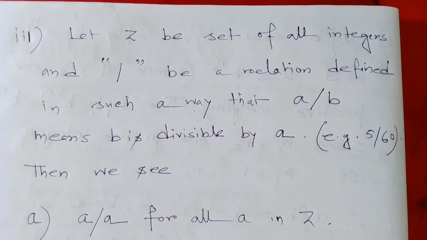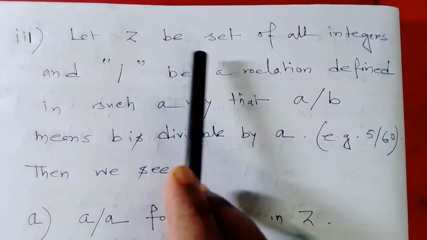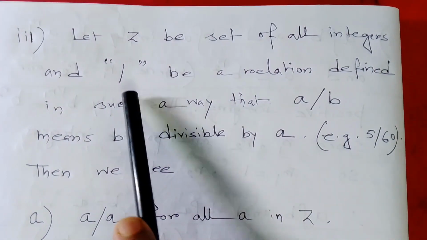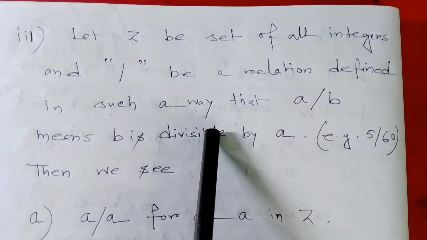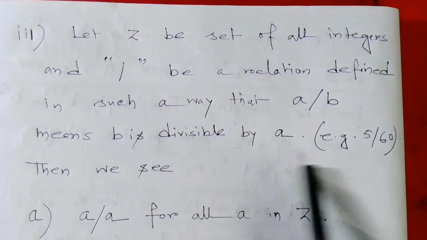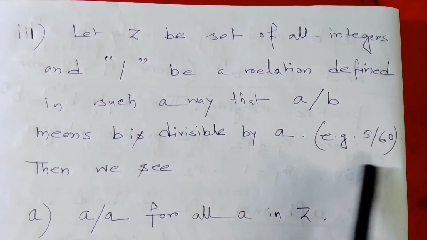And now the next example on POSET. Let Z be the set of all integers and divisibility be a relation defined in such a way that A divides B means B is divisible by A. Example, 5 divides 60.